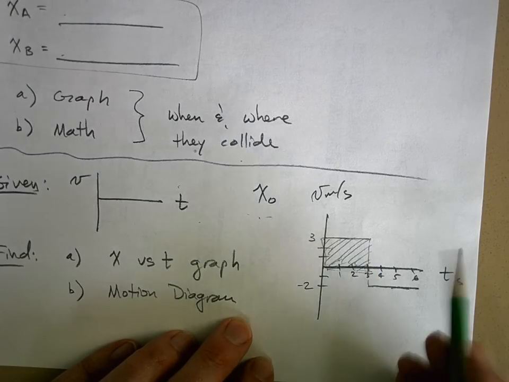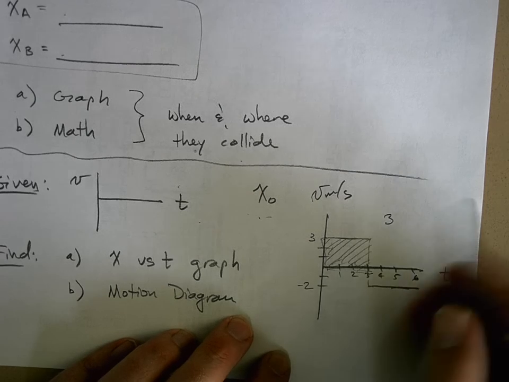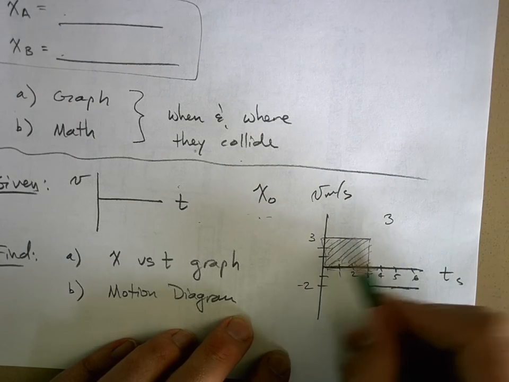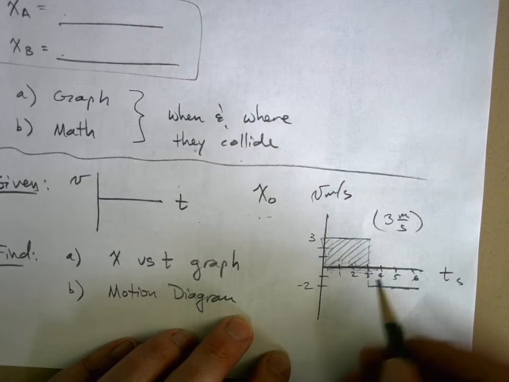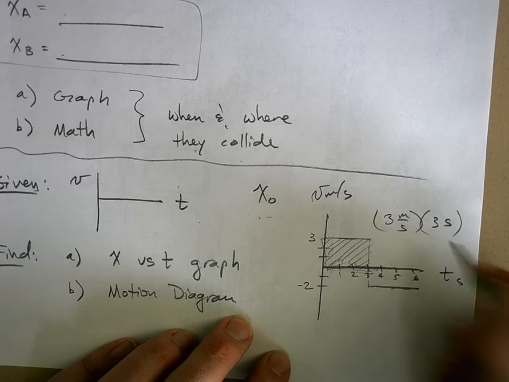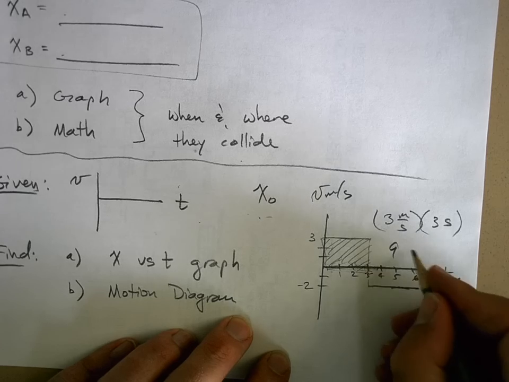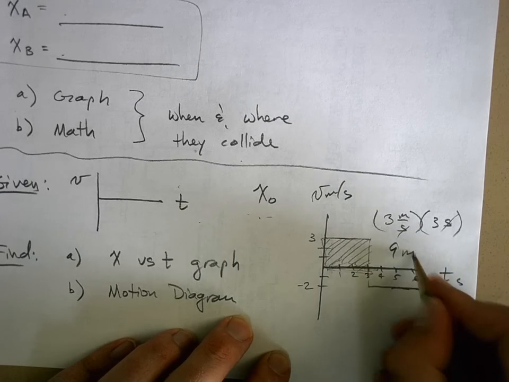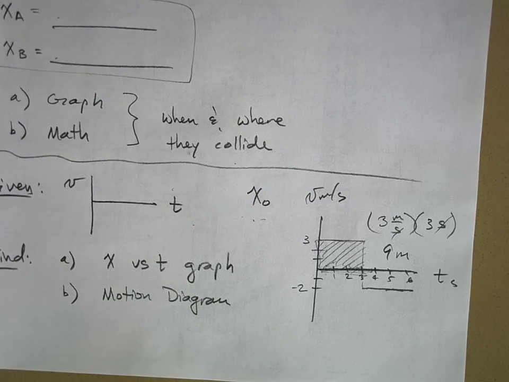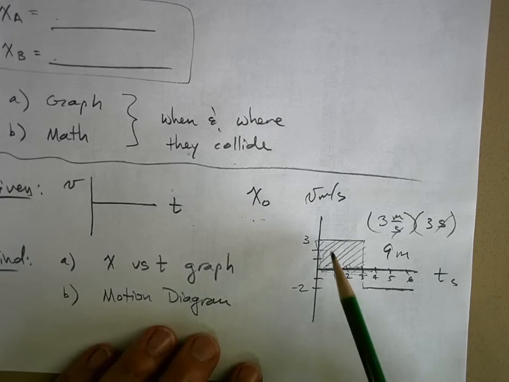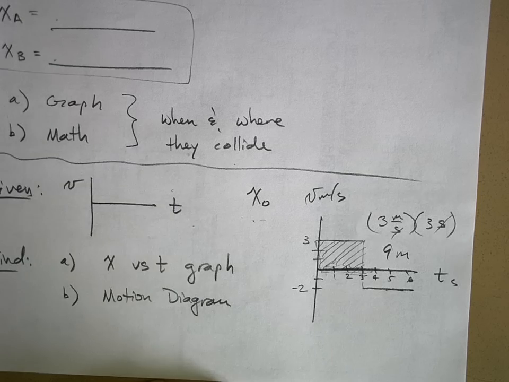Well, it's height times width, right? It's a rectangle. Height is 3 meters per second. Width is 3 seconds. 3 times 3 is 9. 9 meters. So this represents my displacement. The area underneath the velocity versus time graph represents displacement.